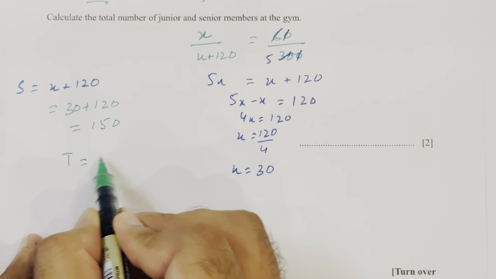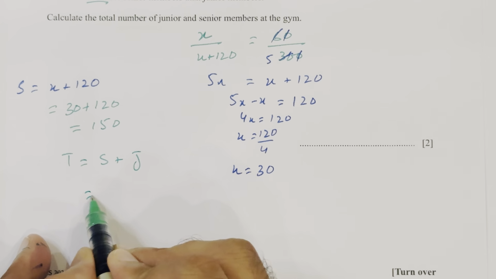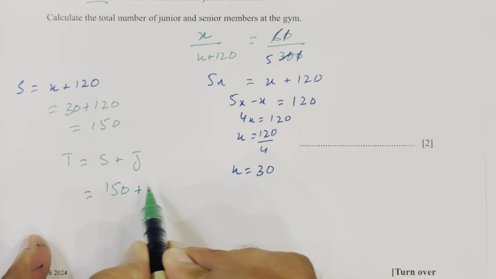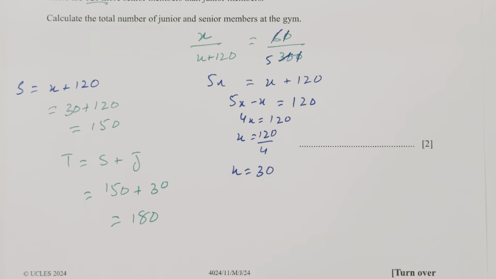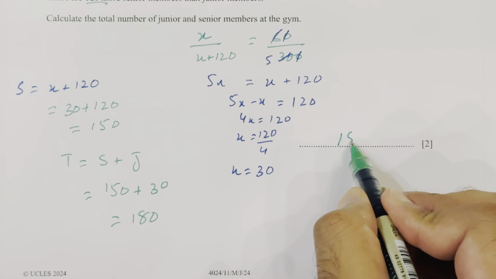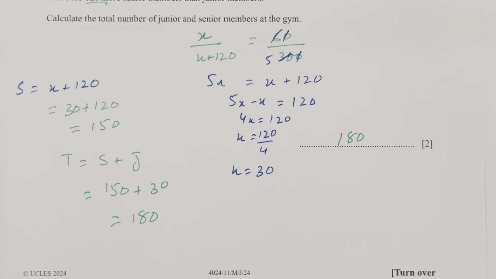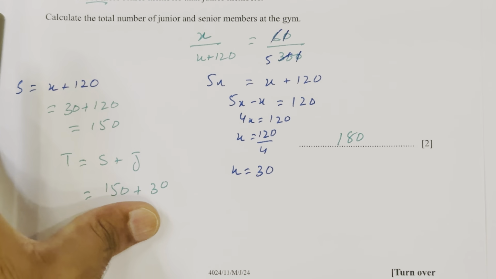Now the total value for the senior plus junior should be 150 plus 30. We get the value that is equal to 180. So answer for the total number of junior and seniors are 180.